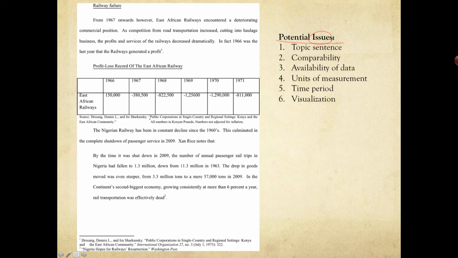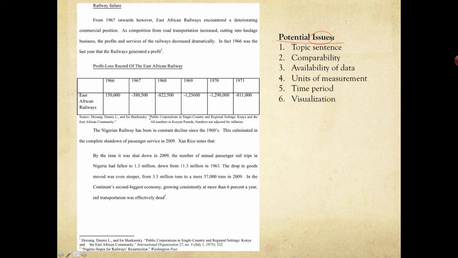Now, before we go into the details, as you may recall, this section does an adequate job in demonstrating the decline of railroads in Nigeria and East Africa. But I think this section could have been more effective.